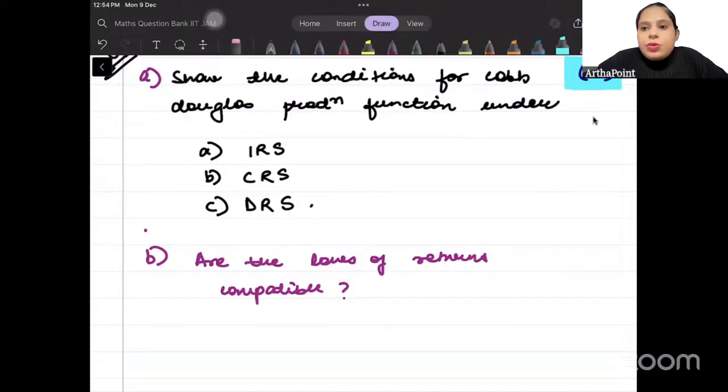So how will we do this question? First of all, if you look at the first part of the question, it is talking about returns to scale. Whenever we talk about returns to scale, it is a long run phenomenon.